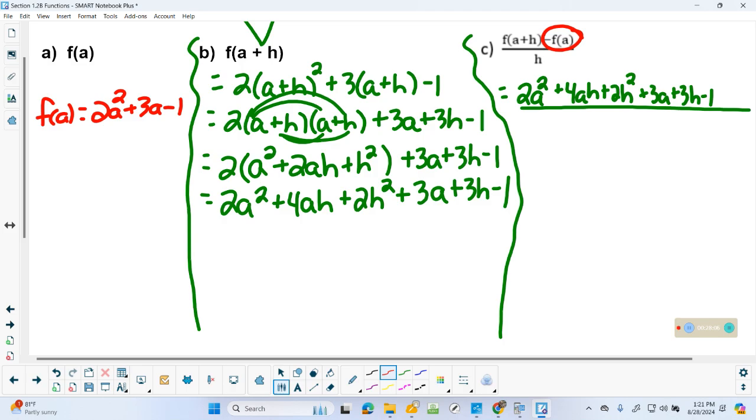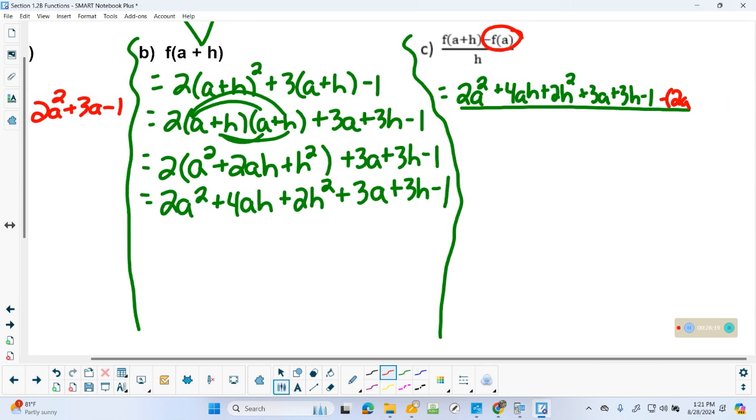Minus f of a. Hey, I got that answer right over here. I'm going to copy it. I'm going to put it in parentheses because we're subtracting the whole thing. So 2a squared plus 3a minus 1. And of course, we're still all over h.